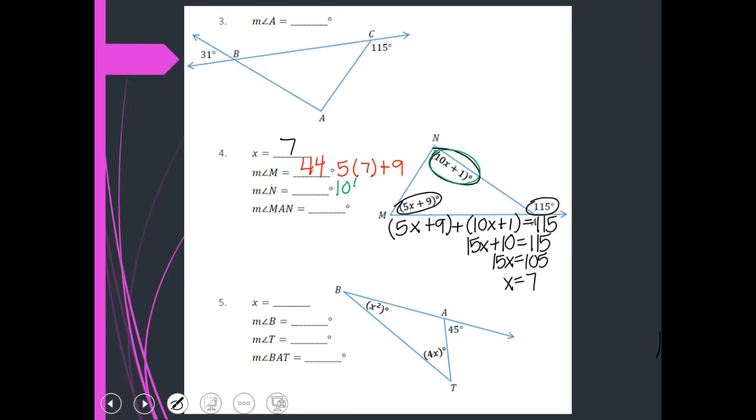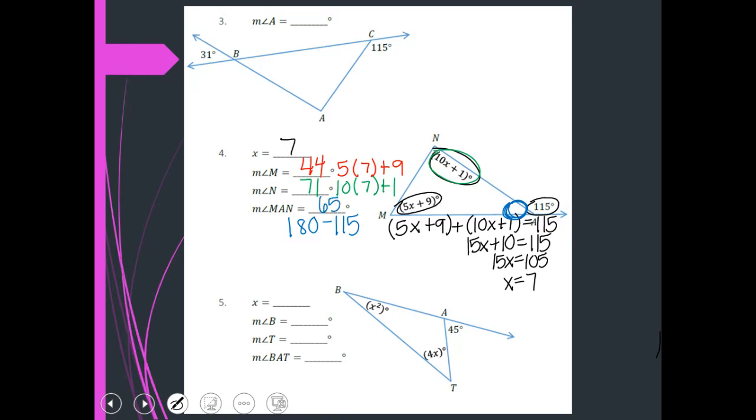So 10 times 7 plus 1, which is 71. And then for MAN, MAN is going to be this angle right here. So MAN, we can either do 180 minus 71 minus 44, or we can do 180 minus 115, and we end up getting 65 degrees.